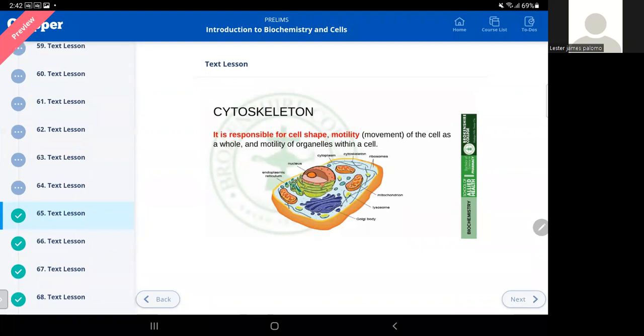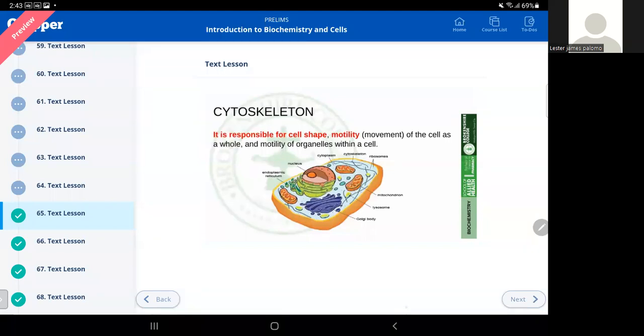And I hope you have answered the practice questions that were given as part of your class participation. Okay, so are there any questions with regards to our discussion this afternoon regarding the cell, regarding biochemistry? Meron ba tayong questions? Sa mga assignments po, bale, overall there are 4 questions.